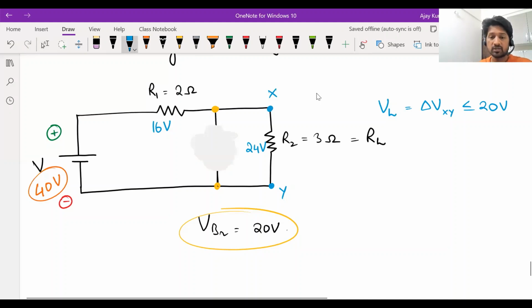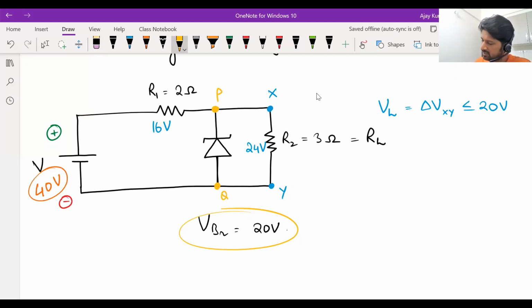But what is the breakdown voltage of the Zener diode? 20 itself. Okay. Now see, for this potential to become 24, a sufficient amount of current should pass through this resistance. But because the voltage tends to be greater than the breakdown voltage, the Zener diode starts allowing current to flow through it, while limiting the voltage.